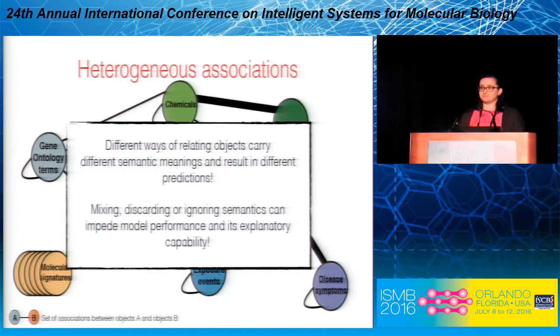Depending on a concrete application and concrete semantic that we consider in our experiments, we can get different results. And our claim is that mixing, discarding, or ignoring different semantics can not only reduce predictive performance of the models, but also affects their explanatory capabilities.